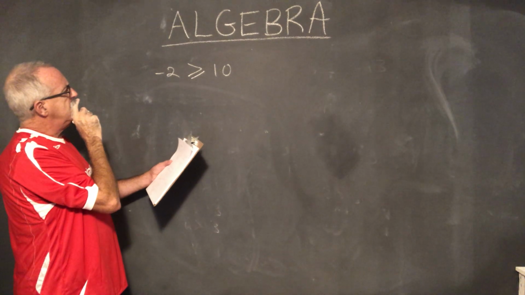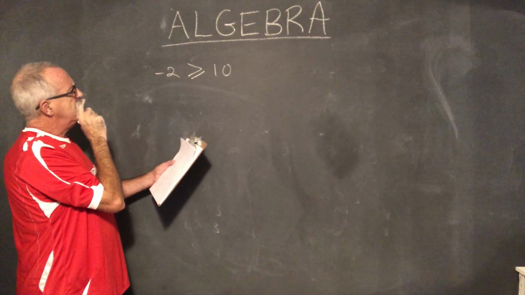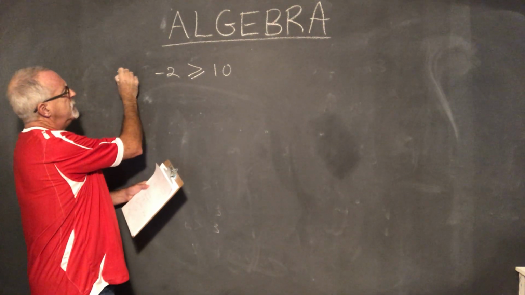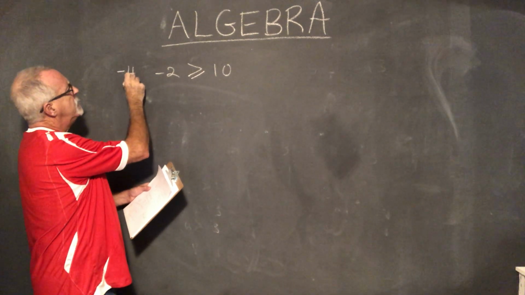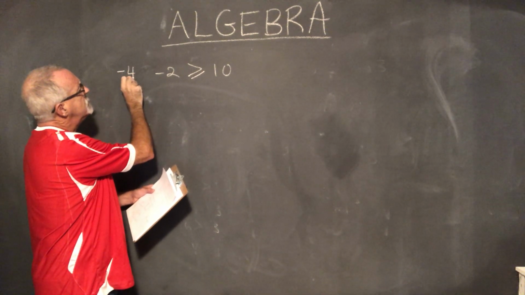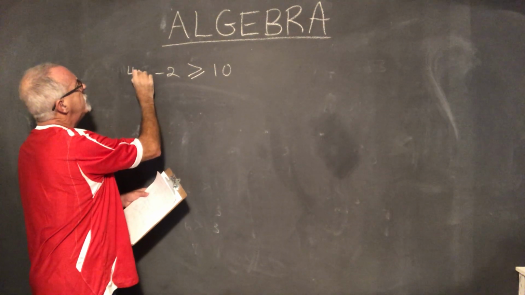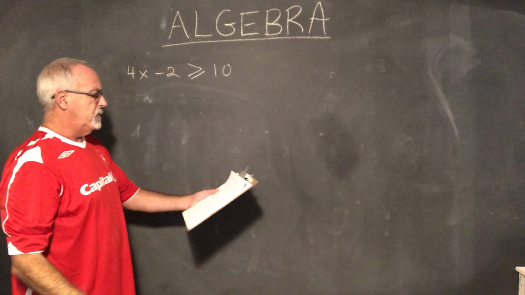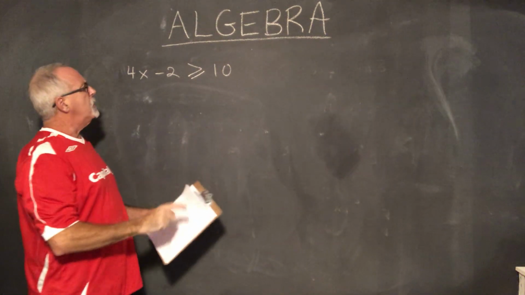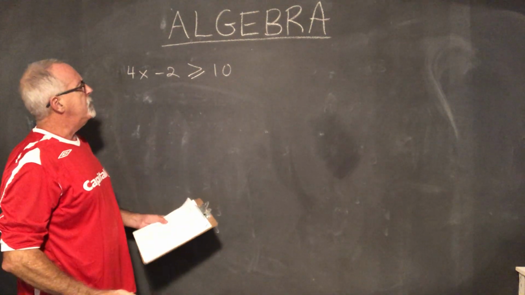How about negative 4? Should I do this? No. I'm just going to put 4x minus 2 greater than or equal to 10. For now, that's all I want to do. I'm not going to put the negative sign in there yet.